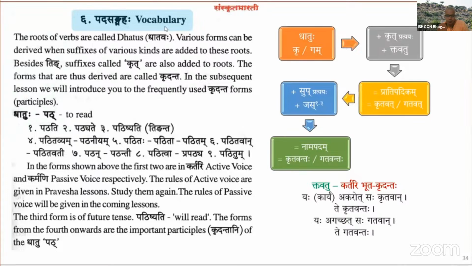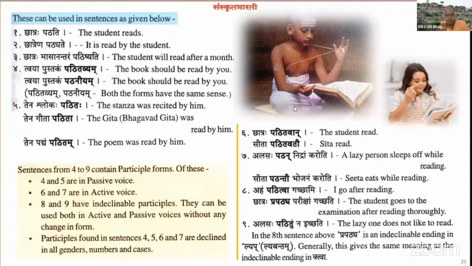From the third word, patati, the forms from the fourth onwards are Kridant. The Kridant Prakaran is there, meaning Kridant Pratyaya is coming into the picture. These can be used in sentences as given below, like Chhatraha Pathati.